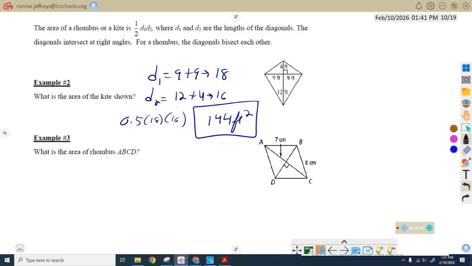Okay, so this would be 7. We could find this length right here by using the Pythagorean theorem, like 8 squared minus 7 squared.